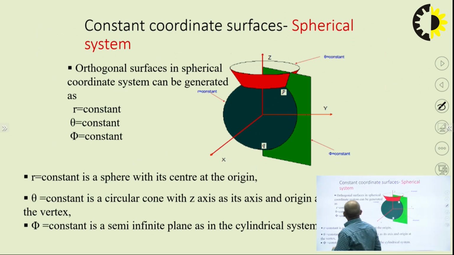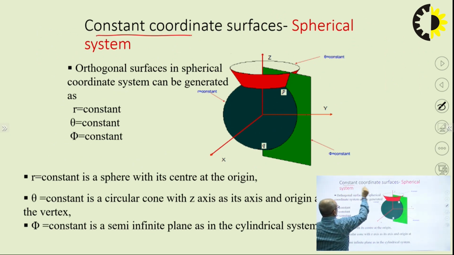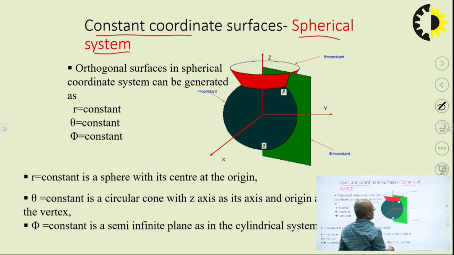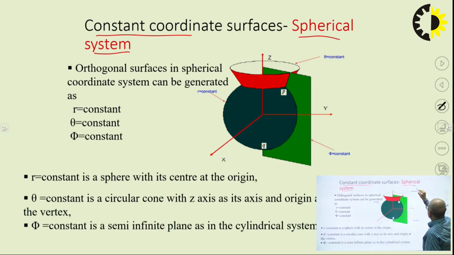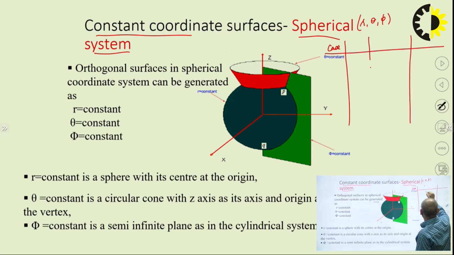Now the next one is the constant coordinate surfaces for the spherical system. Same here, let's say there are three coordinates: r, theta and phi. Case 1: variables and constant, and this is only a scalar quantity, so there will be no unit vector.